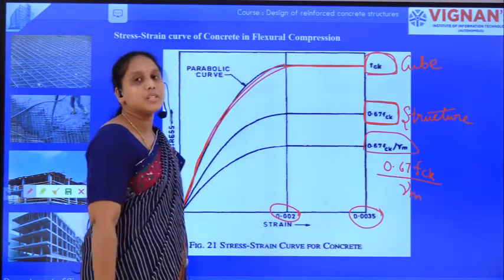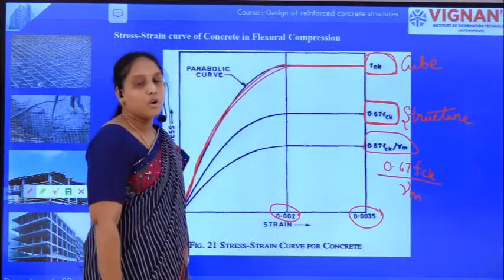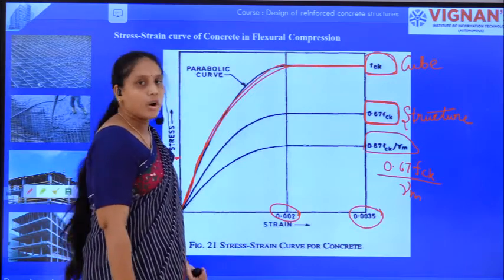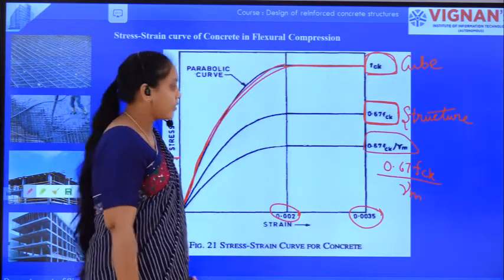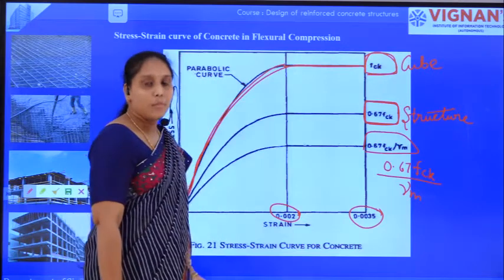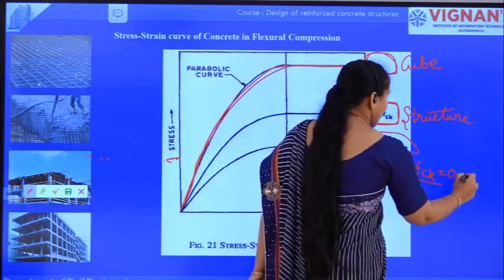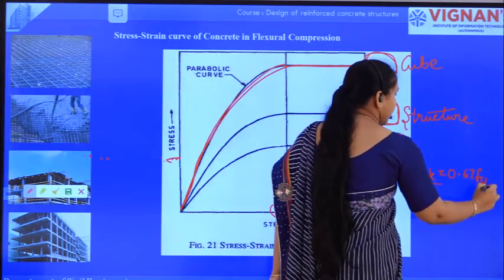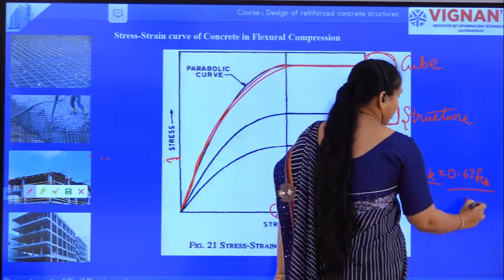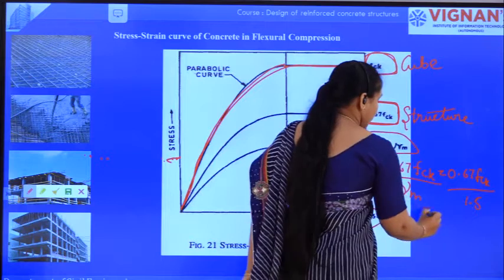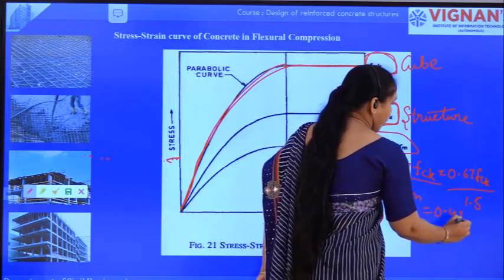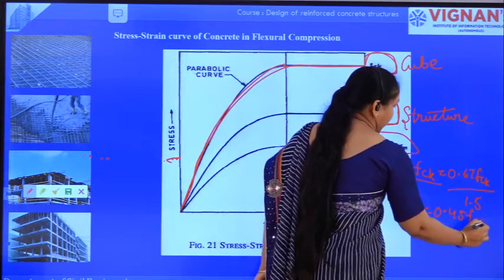We have already seen the partial safety factor for concrete given in IS 456 2000: it is 1.5. So 0.67 fck divided by 1.5 gives you 0.45 fck.